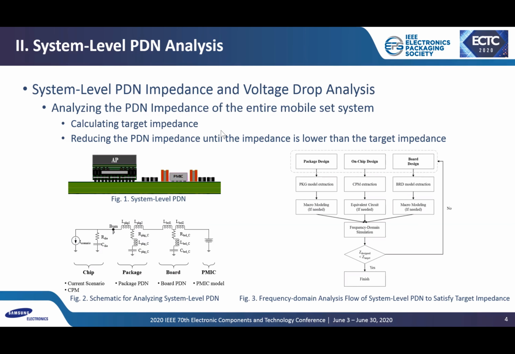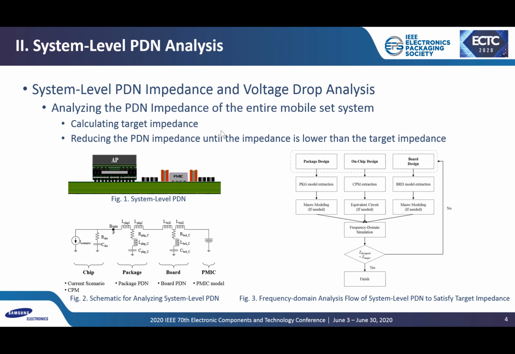In order to analyze the PDN impedance of the entire mobile set system as in Figure 1, a PMIC to on-die CPM is needed, including the board PDN model and package PDN model. First, from the targeted consuming power and operating current level, target impedance can be calculated.